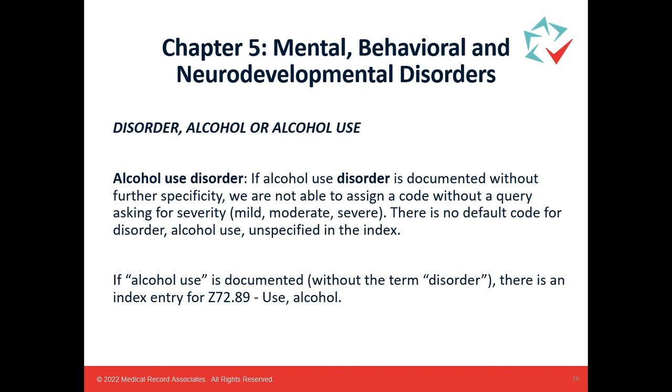Regarding alcohol use disorders, if that is what is documented and there is no further specificity, there is not a code to assign. We have to query the provider for the severity to try to get that mild, moderate, or severe, or the abuse or dependence. There is no default code for disorder, alcohol use, unspecified in the index. If alcohol use is documented without the term disorder, there is an index entry for use, alcohol, and that's Z72.89.